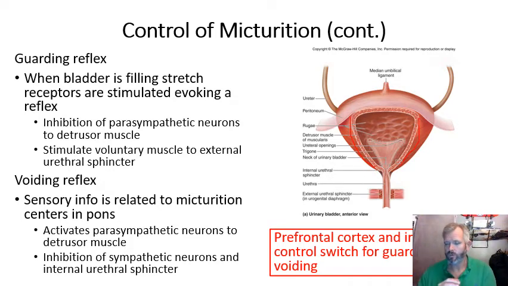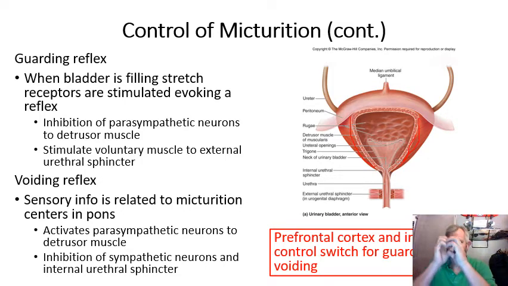Now when the bladder gets full, you drink all that water, and you've filtered out that water, and the bladder's getting full. That causes stretch on the walls here, and that's going to send information to the micturition center in the pons, which will activate the parasympathetic neurons to contract the detrusor muscles.